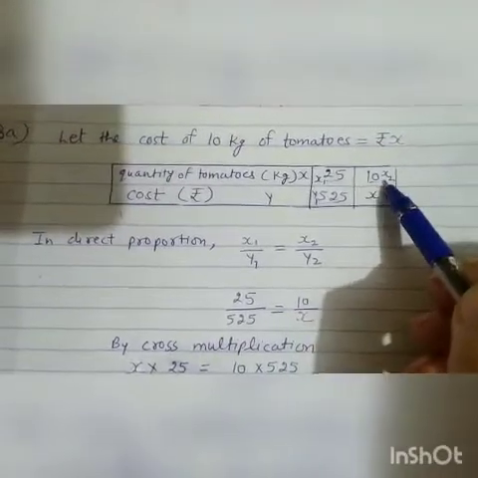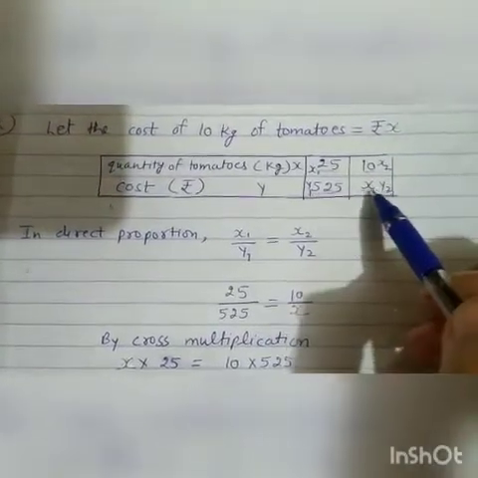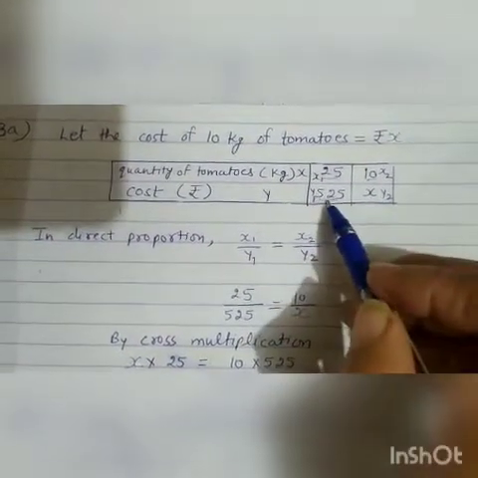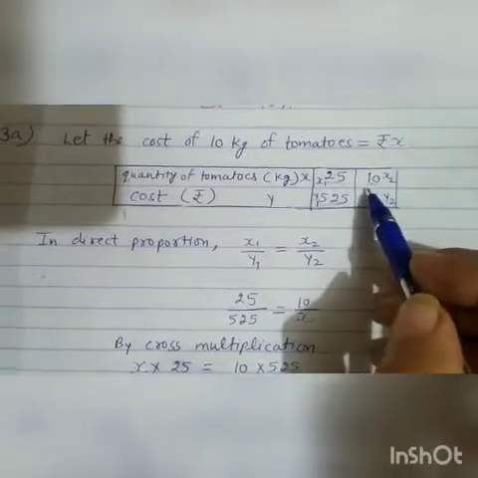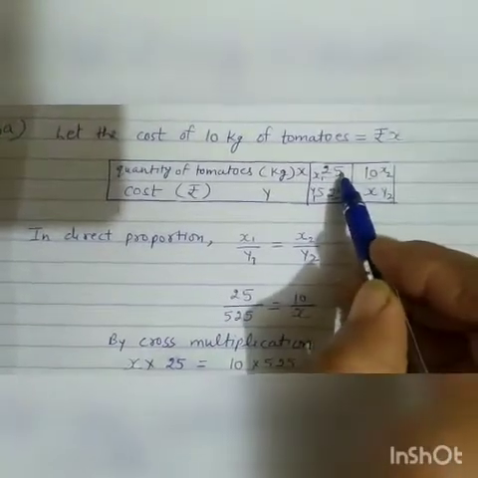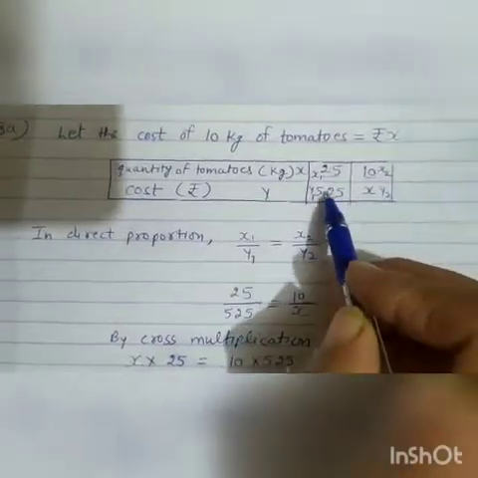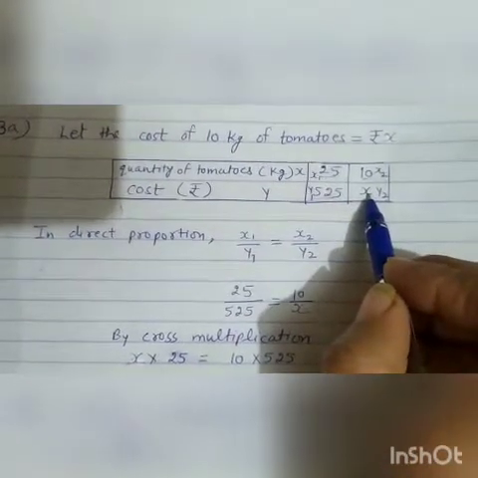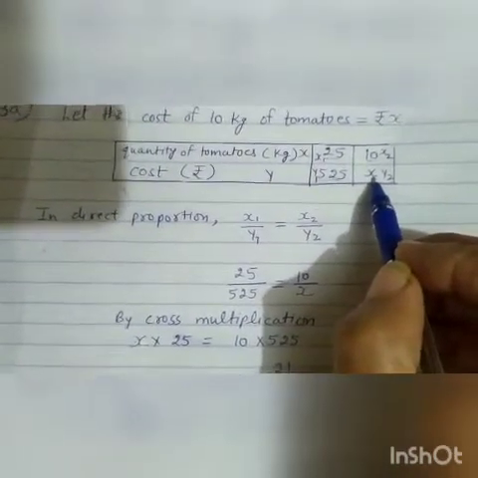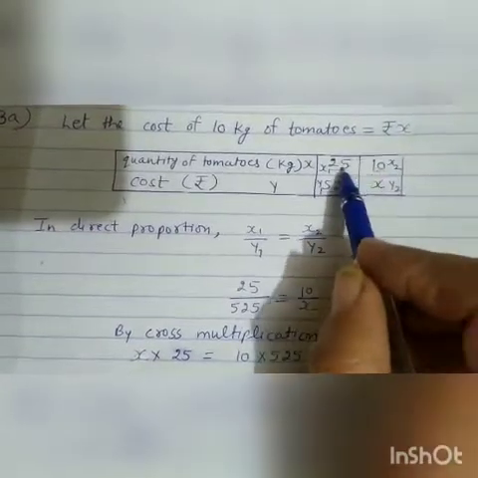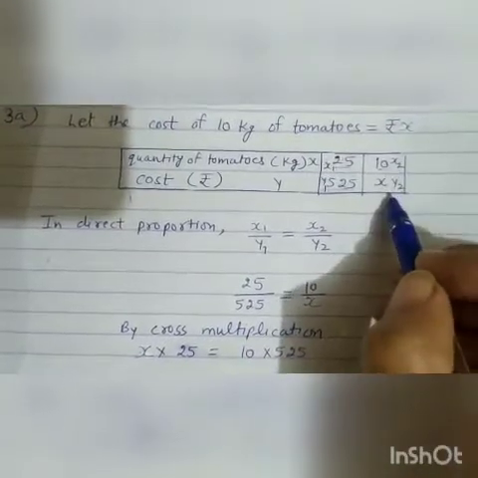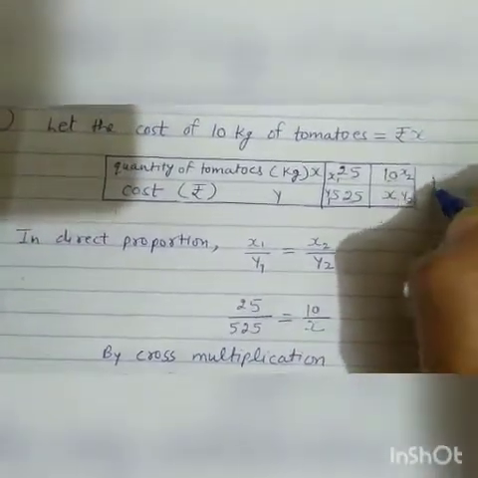If we buy 10 kg tomatoes, then we will pay less than 525 or more than 525? Obviously, we will pay less than 525 because we are buying fewer tomatoes than 25 kg. It means if the weight of tomato is decreasing, then the cost also decreases. If one term is decreasing, then the other will also decrease. Both are decreasing. It means this is the case of direct proportion.